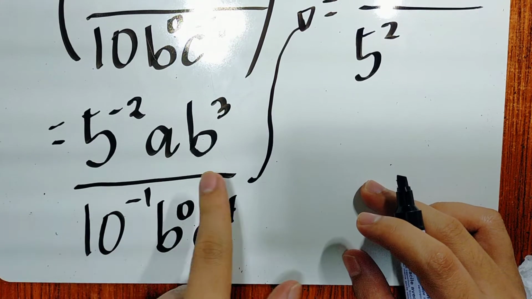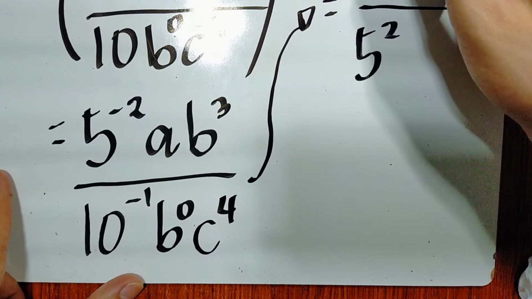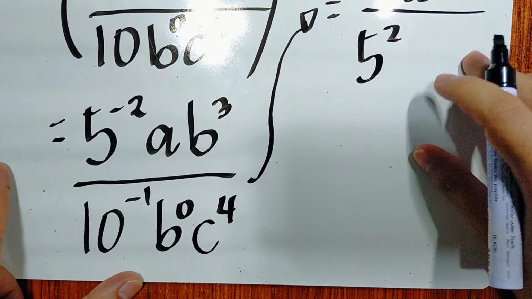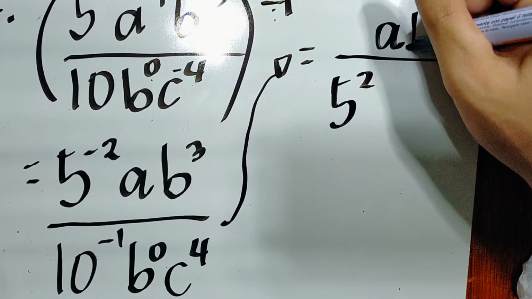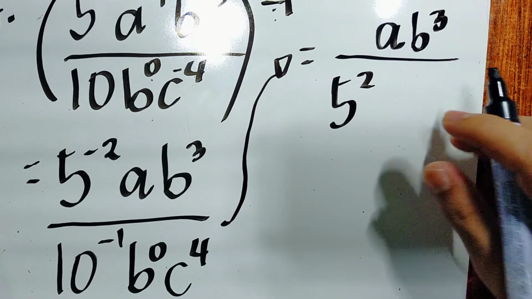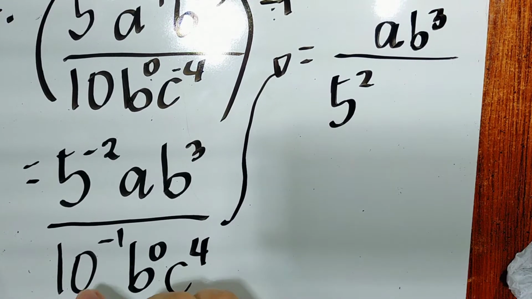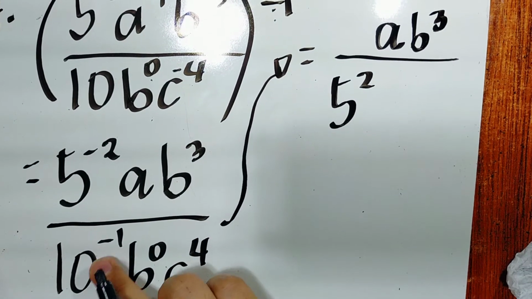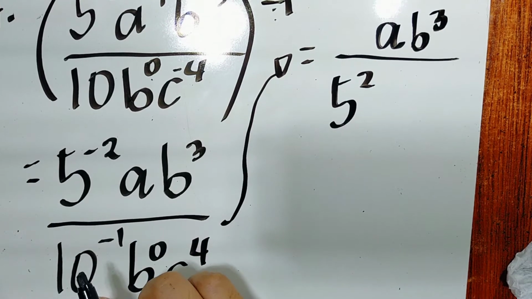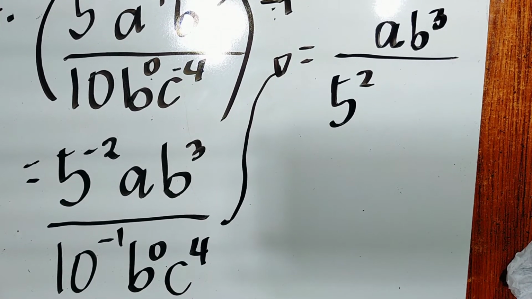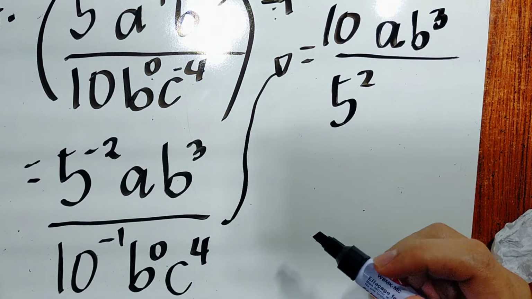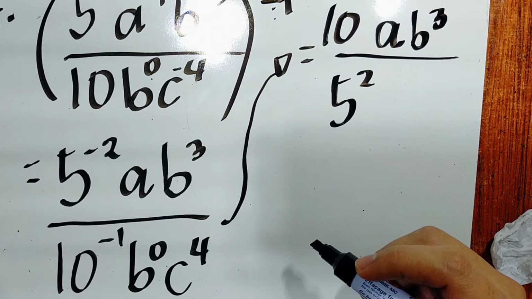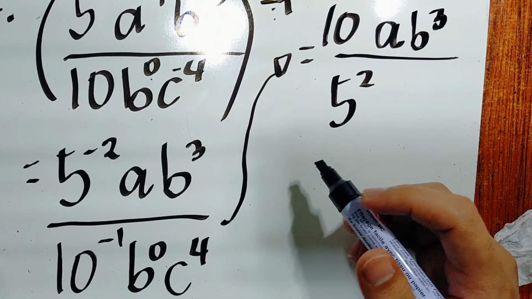If the given naman na A is positive, stay lang siya. How about the B? B cube, stay lang din since positive naman na. Next. Sa baba tayo. Yung 10 raised to negative 1. Iaakyat natin or mag-i-stay? Iaakyat natin, kasi may negative 1 siya na exponent. Kailangan natin siyang i-reciprocal.